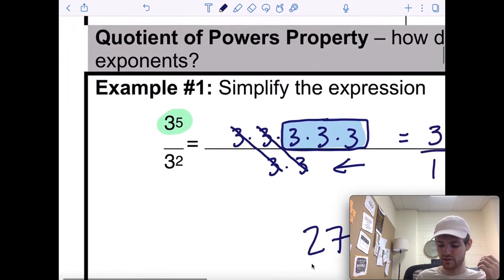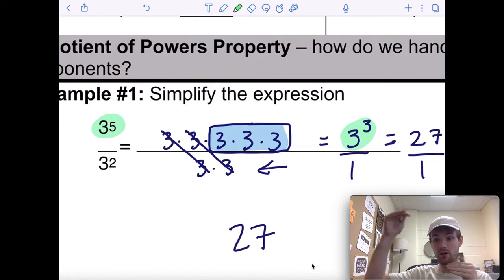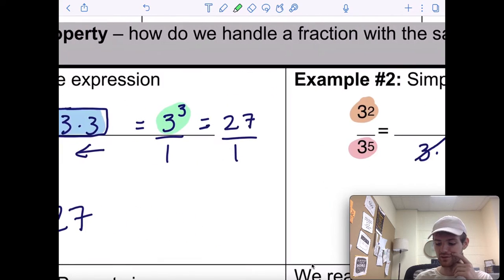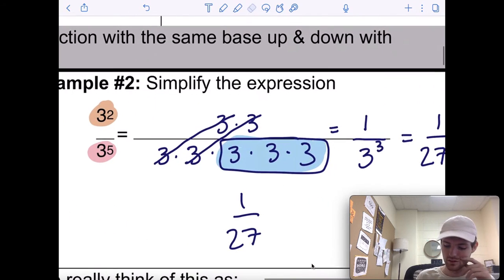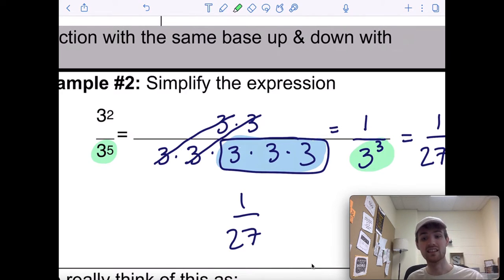So when we figured out our answer, 3 to the power of 3, we put it in the top, in the numerator. In example 2, our bigger exponent is in the denominator. So when we find out what's left over, we put it in the denominator.